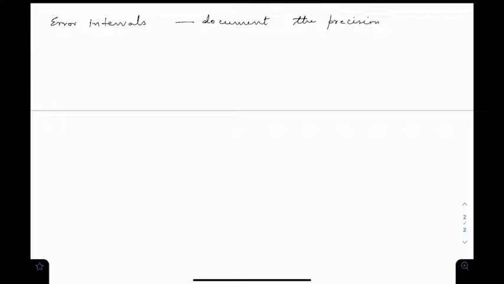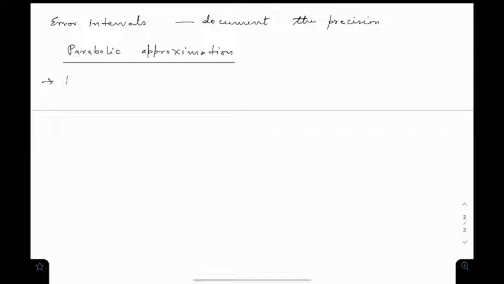So let's discuss the topic of parabolic approximation. So in the parabolic approximation, the maximum likelihood estimate and the expectation value coincide, as well as the likelihood ratio squared and the variance.